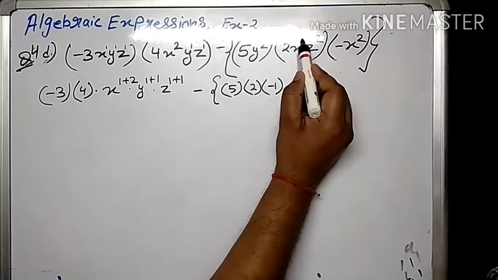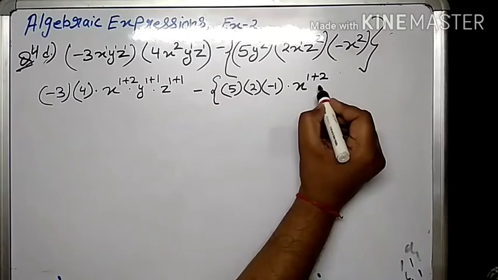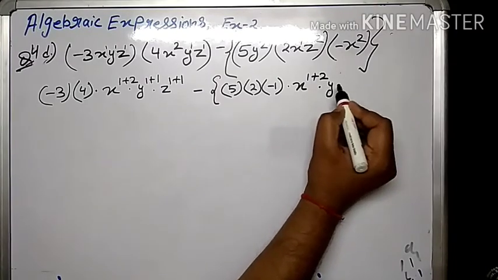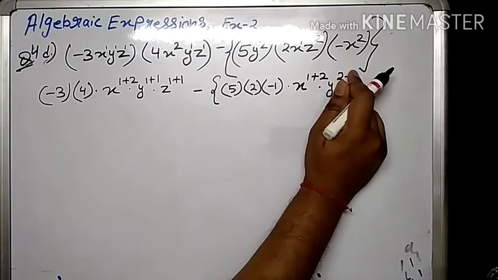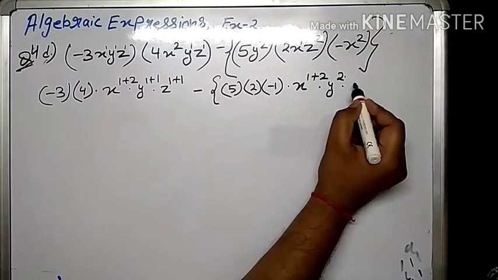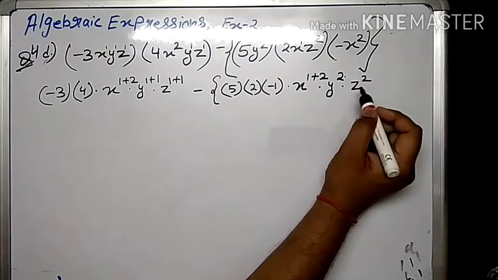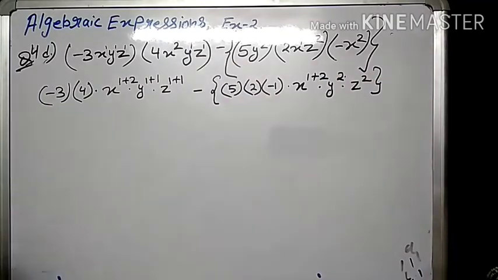Here also we will take 1 over here. So 1 plus 2, y to the power 2 plus. Now there is no other y, only one y is there, so y will remain as it is. Now z to the power 2, and z is also 1, so we will not take anything else.